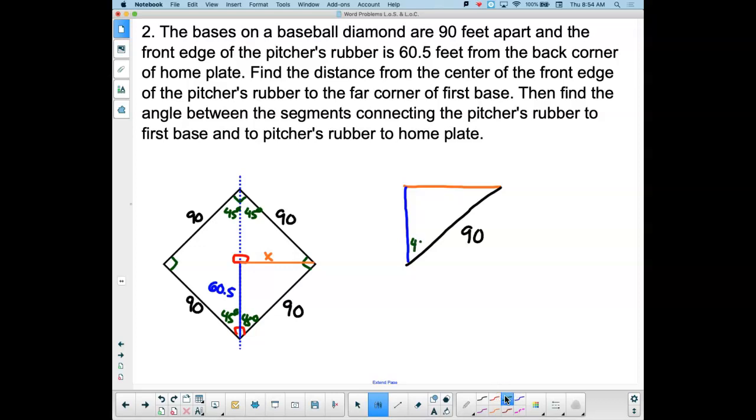We said this was 45 degrees. We said this was 60.5. And this was x. What can we use? Law of cosines. Okay, let's go. If we get an answer where x is 60.5, then we know that it's a right triangle. But if x is anything but 60.5, it's not a right triangle. So find me x, please.